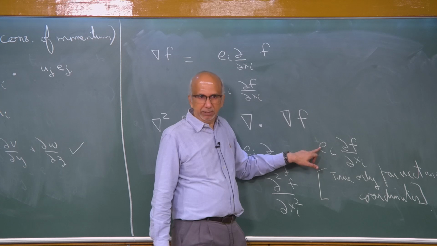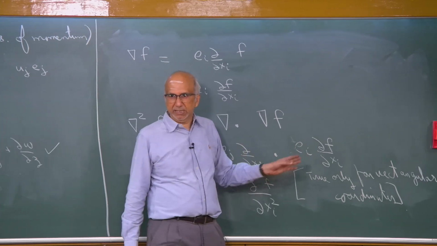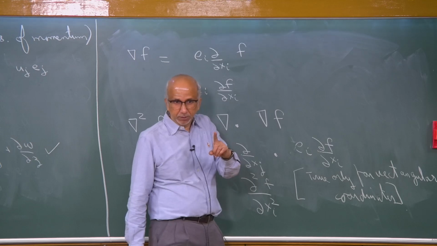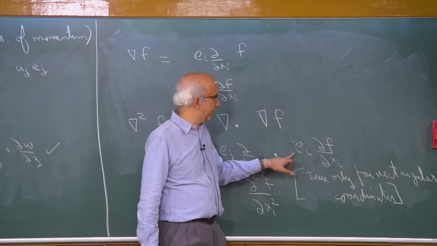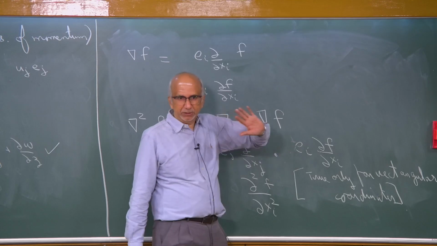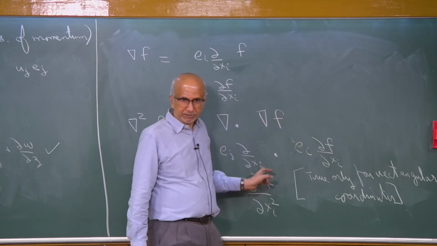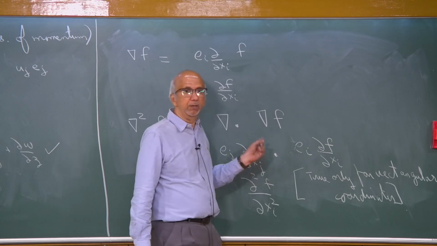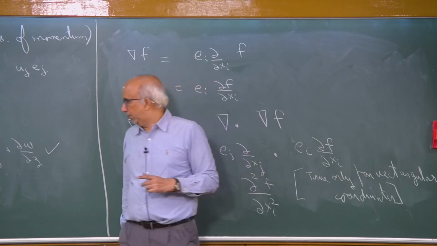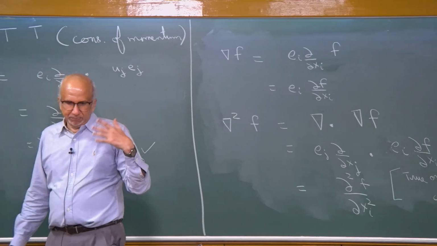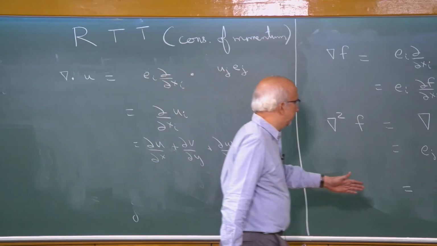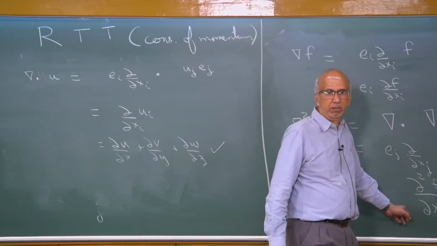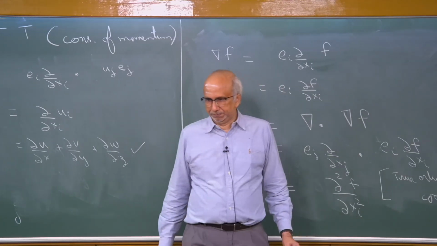It turns out E1, E2, E3 do not change, so for rectangular Cartesian coordinates they can be treated as constants with respect to space. So I can take them out and only worry about Ei dot Ej. That is the important thing to remember, because sometimes you can't blindly take this as your del square. This is true only for rectangular coordinates.